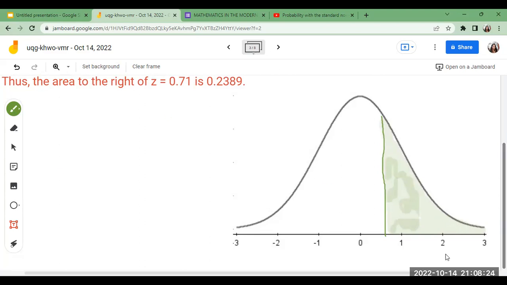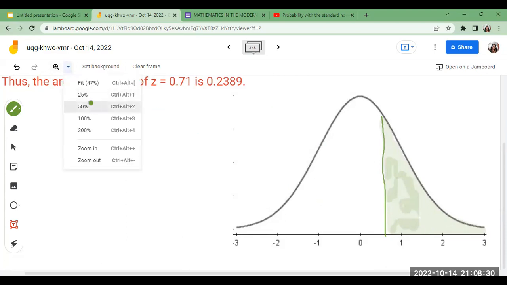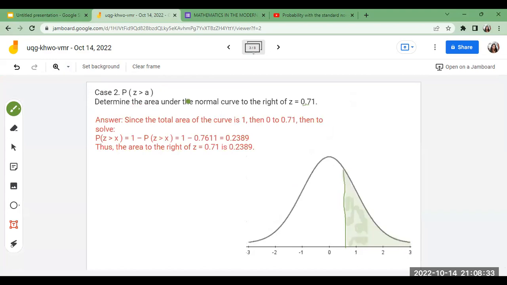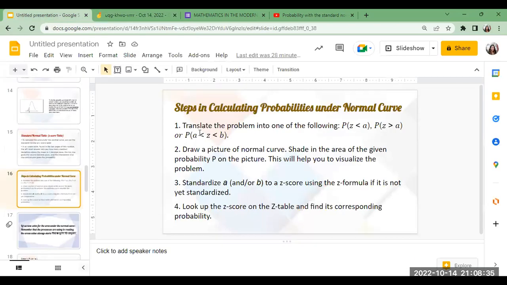Just imagine it's straight and the shading is neat. Okay, so this is the area to the right of z equal to 0.71.